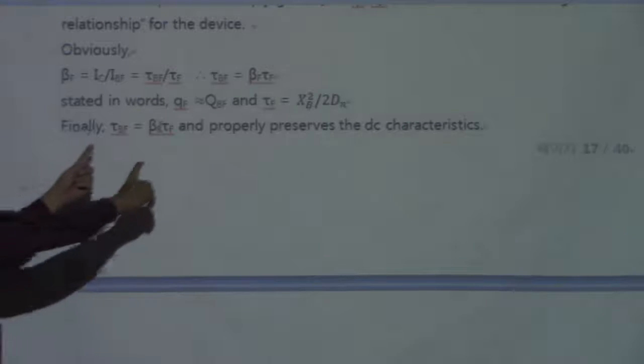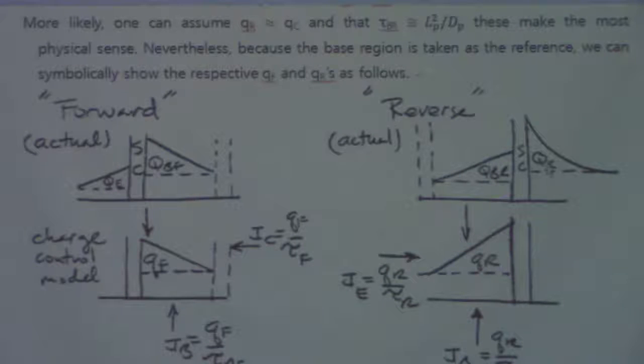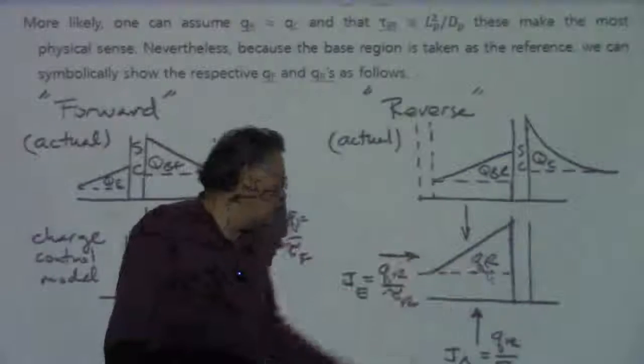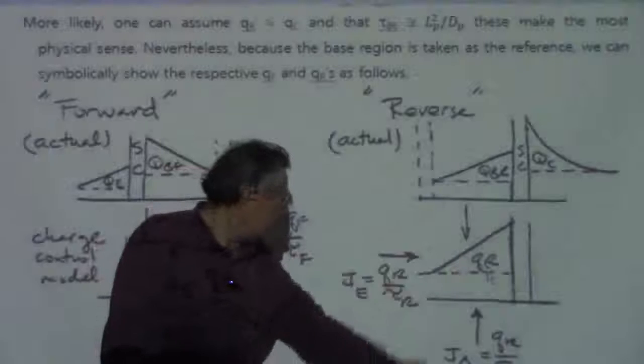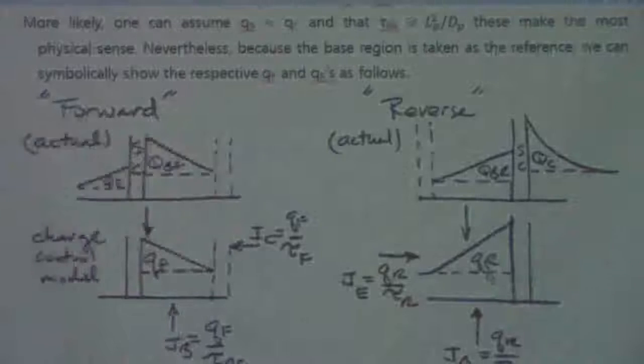Current is the same thing. The gain has to be defined in terms of the current as well. It's exactly the same. Okay, and then in reverse mode, we have two charges, something like this, and these two charges are going to be lumped into one charge, small qr, and then the terminal current in this case can be expressed with a characteristic time like this.